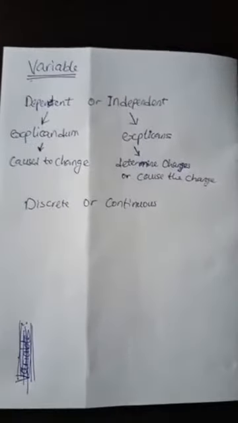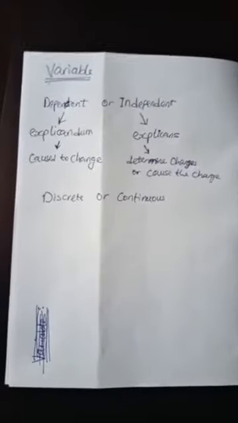Another is discrete or continuous variables. Now, the discrete variables have definite values, while the continuous variables are variables that take other member values within a certain range. Examples of continuous variables include age, height, length, and width.